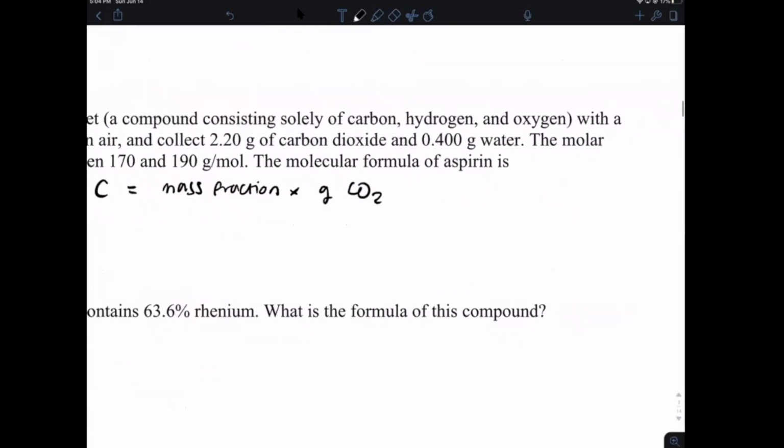So how do we calculate the mass fraction? It's just like doing the percent of everything. So to do that, we just take carbon out of the total, which is going to be 12.01 plus 2 times about 16 from the oxygen. And then we multiply this whole thing by the grams of CO2.